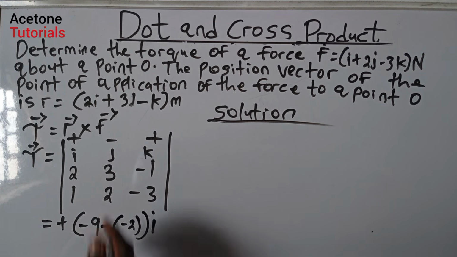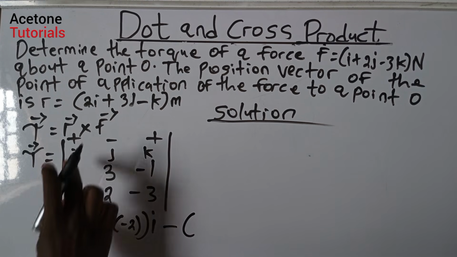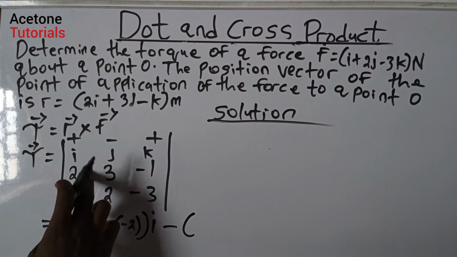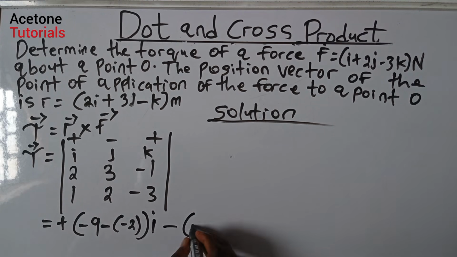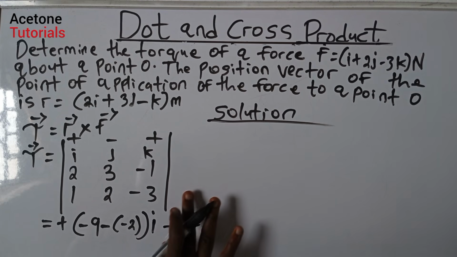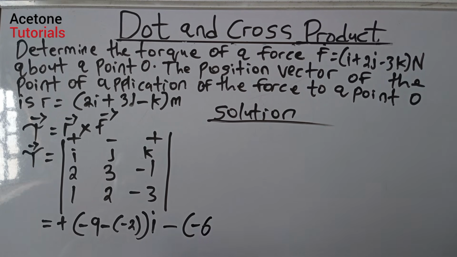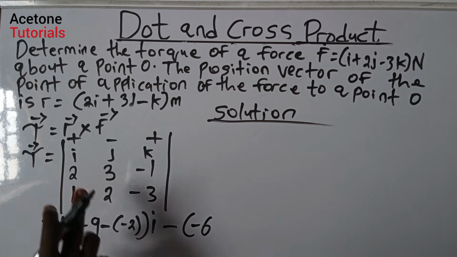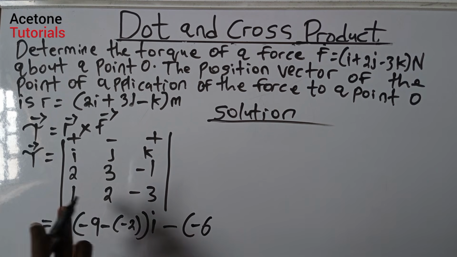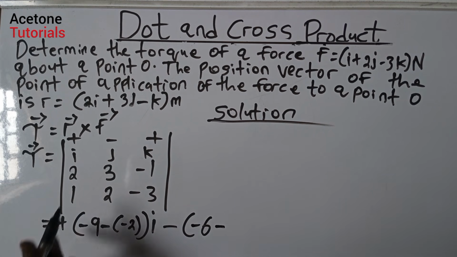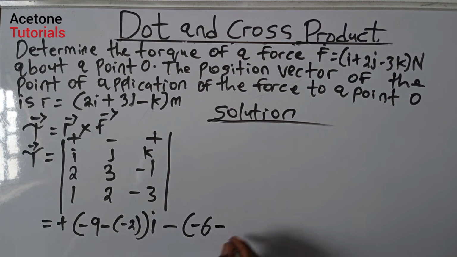I. For the J, minus bracket. Ignore what is under J, then find the determinant of this and this. 2 times minus 3 is minus 6. Minus 1 times minus 1 is minus 1.